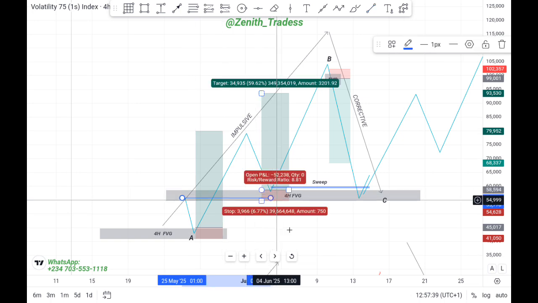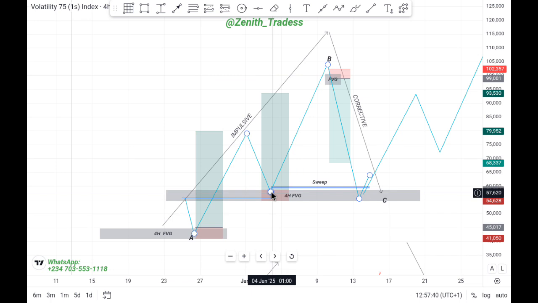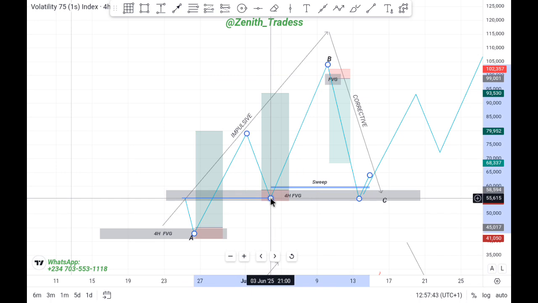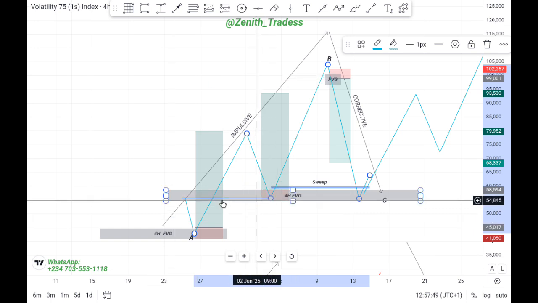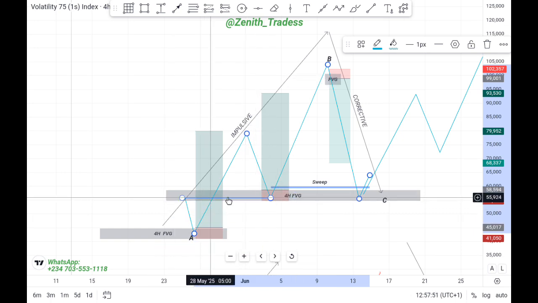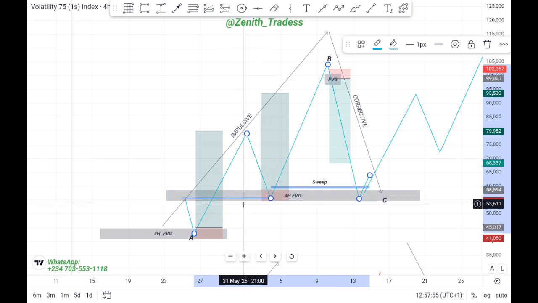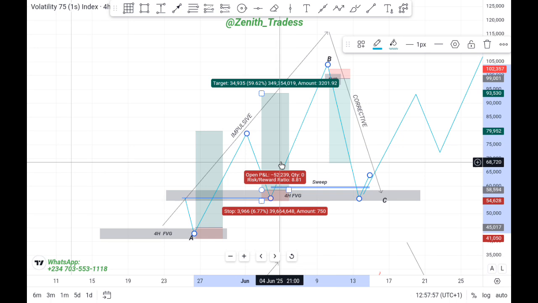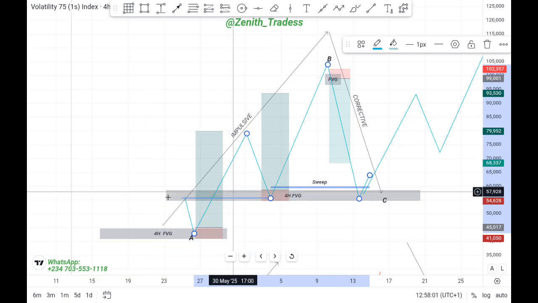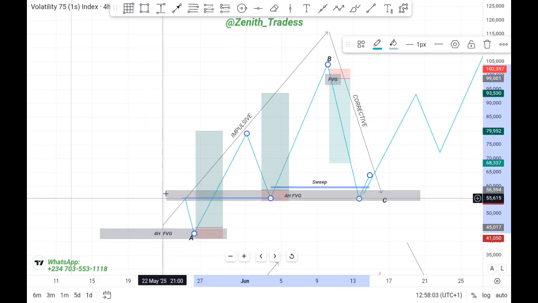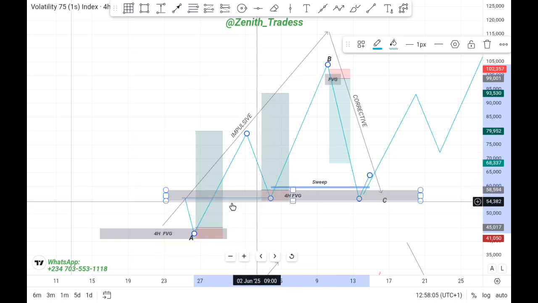I will explain what overlapping is properly when I get to the live market. So when it overlaps this way, it's high probability. It can be a mitigation block, it can be a breaker, depending on the nature of the price action at that very moment. But if you have a previous price action and you reference this block to any of the highs that was invalidated before giving you this pullback, then it's a breaker.